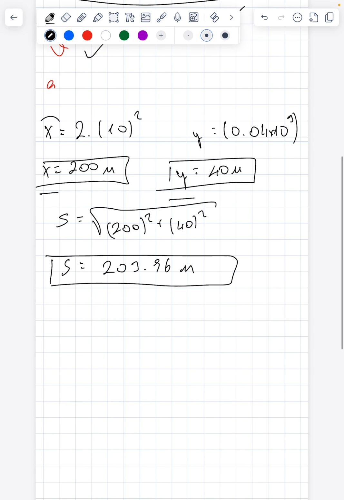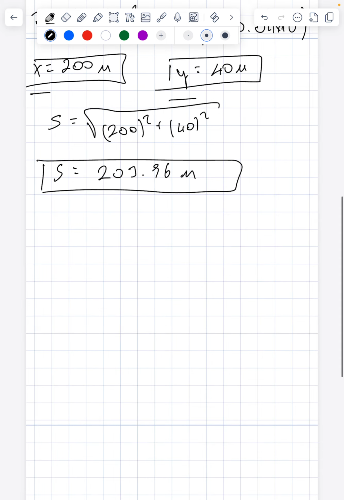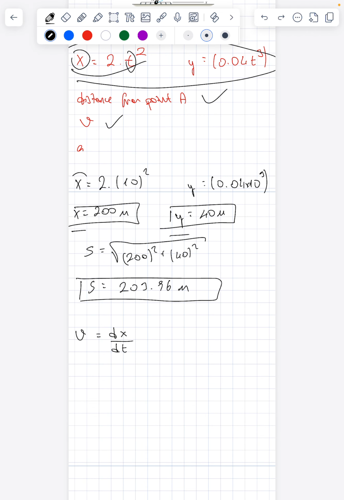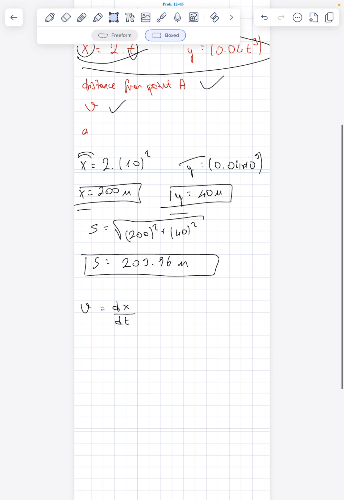If you don't know, you will learn. v is equal to dx over dt. Actually, this is kind of s, like distance, but I will use x because I have distance in x and y components.